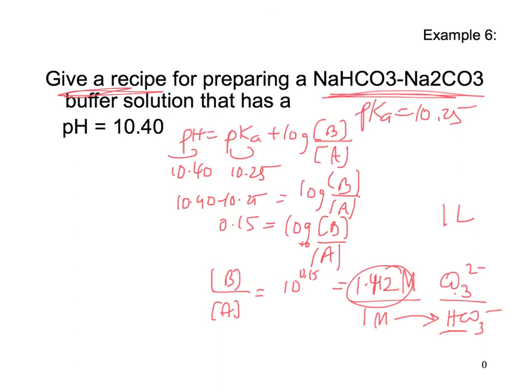So just to summarize, what did we learn? We learned about the buffer range. The lowest pH for the effective buffer would be when the pH is pKa minus 1.